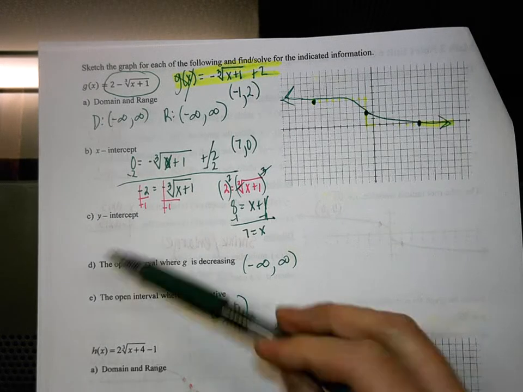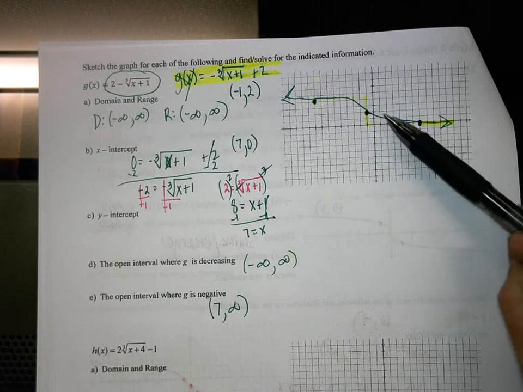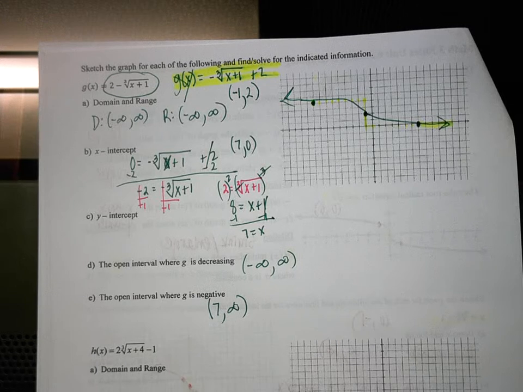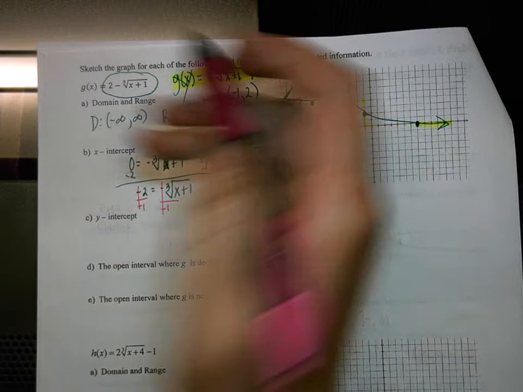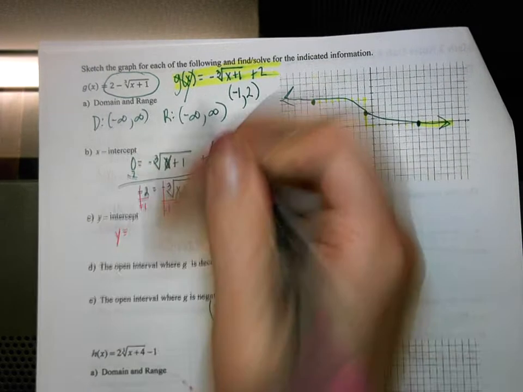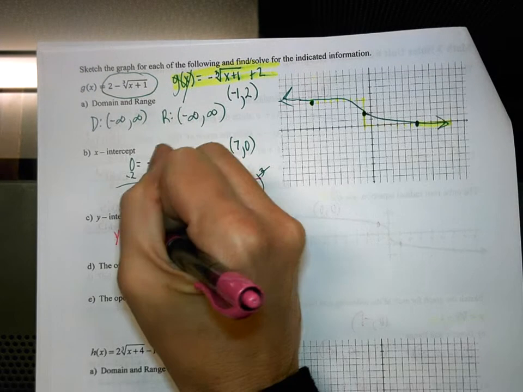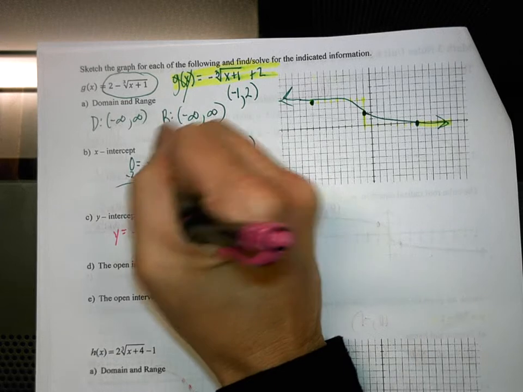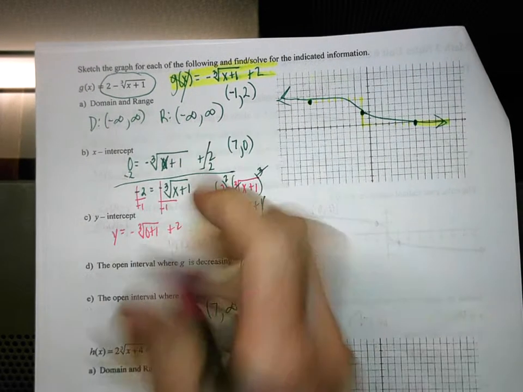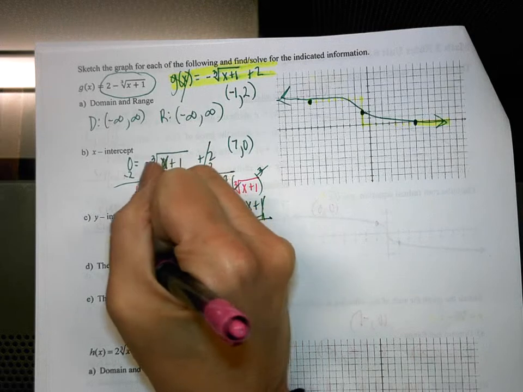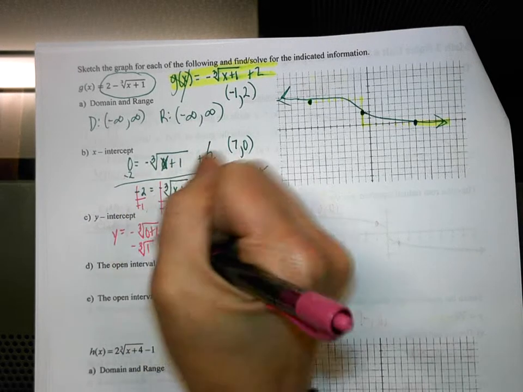And then we forgot the y-intercept. We have an idea of where the y-intercept might be, but in order to find the exact y-intercept, we plug in 0 for x and solve for y. And so if I do that based on my equation back up here, y equals negative cubed root of 0 plus 1, plus 2. 0 plus 1 is 1, so negative cubed root of 1 plus 2.